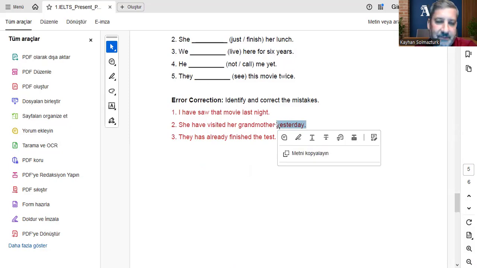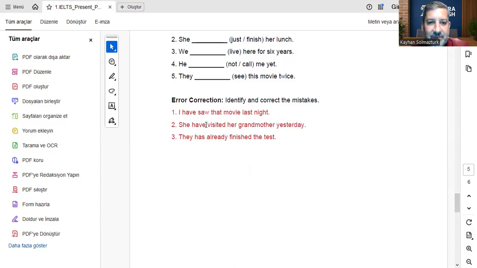Yesterday is again like last day, but we don't say last day in English, so instead we use yesterday. So she had visited her grandmother yesterday. No, we just remove have because it's simple past. We don't need an auxiliary verb.